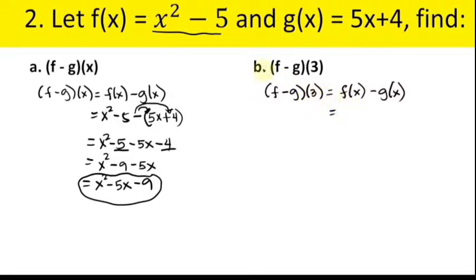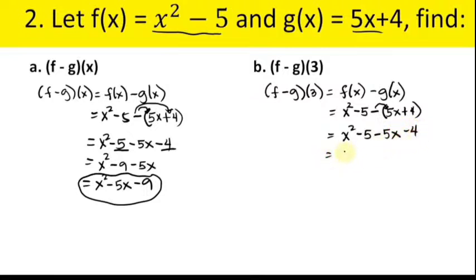First, substitute the value of f of x, x squared minus 5, subtract the quantity of the value of g of x, 5x plus 4. Then simplify again, distribute: x squared minus 5 minus 5x minus 4.